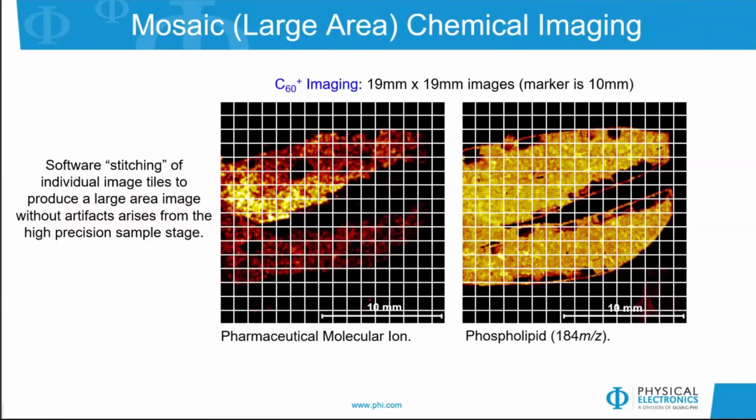It just repeats this until it completes analysis of the defined area, and it stitches it all back together in post-processing. So as well as doing very small micron area sizes, you can do up to millimeter areas to really map out your sample and gain more information on a macro scale.